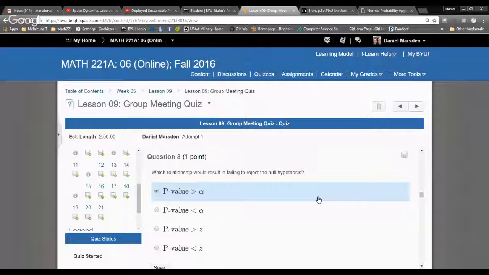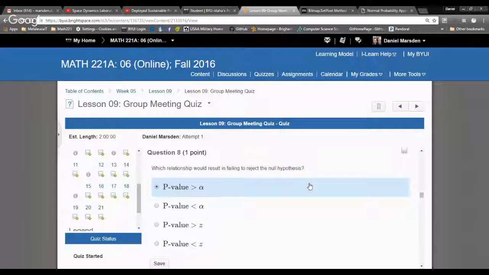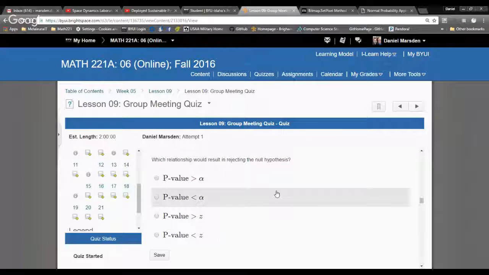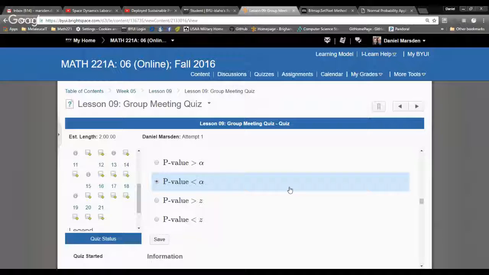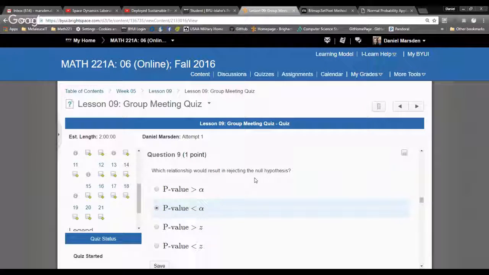But if your p-value is greater than the level, then you don't have enough. So that one is A. That was number 8, right? Yep. And the next one is the opposite, right? So it'd be B.